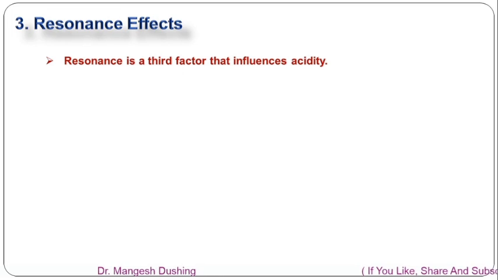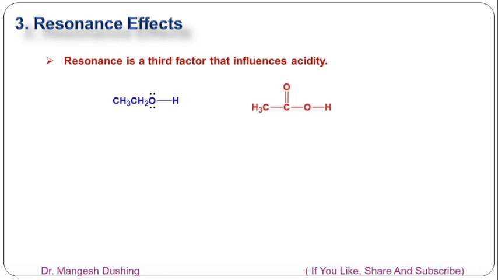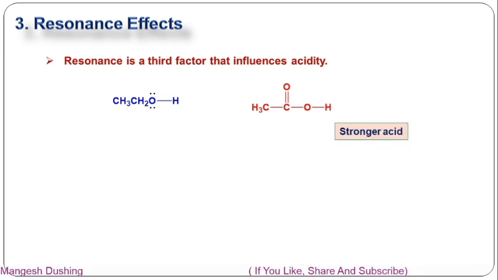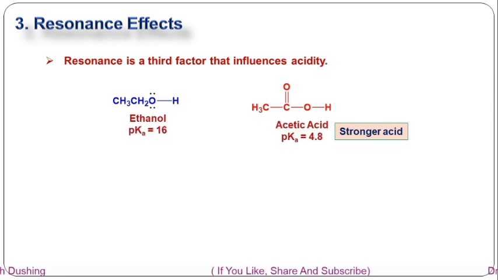Now we will see resonance effect. So resonance effect is the third factor that influences the acidity. For example, ethanol and acetic acid. Acetic acid is a stronger acid. Ethanol pKa value is 16, while acetic acid pKa value is 4.8.